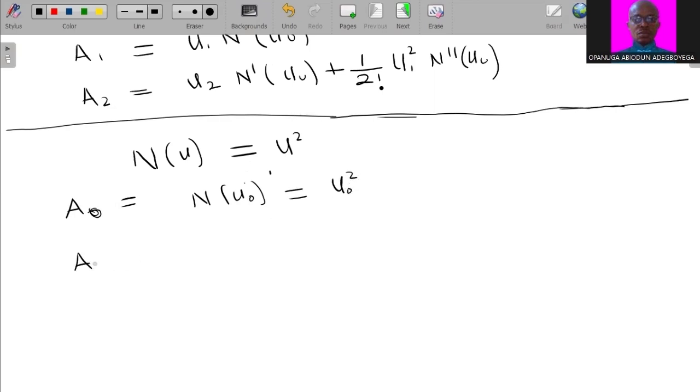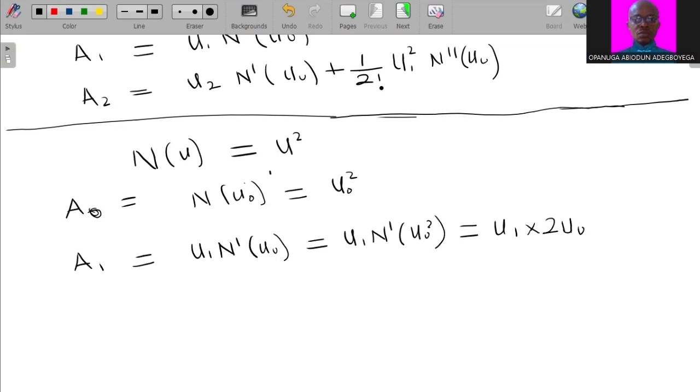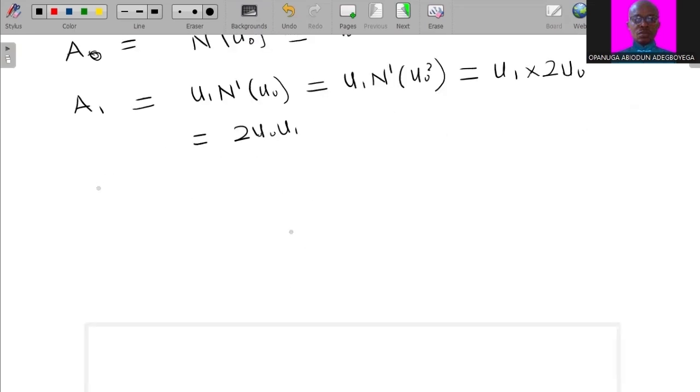Then for A_1, we apply u_1 N prime of u_0, so this would be u_1 times the derivative of u_0 squared. We differentiate once, giving 2 u_0. So A_1 is 2 u_0 u_1.